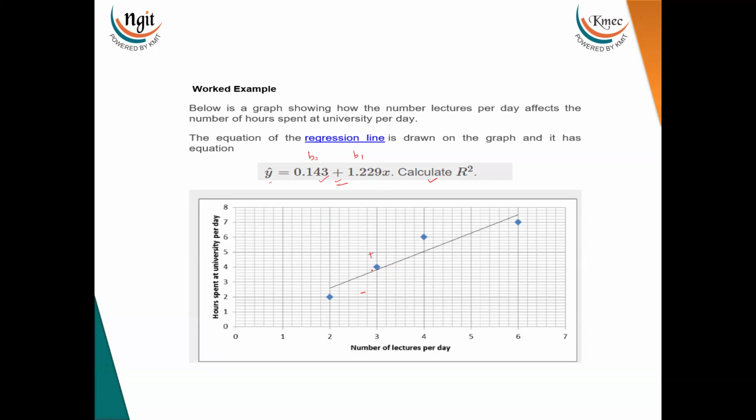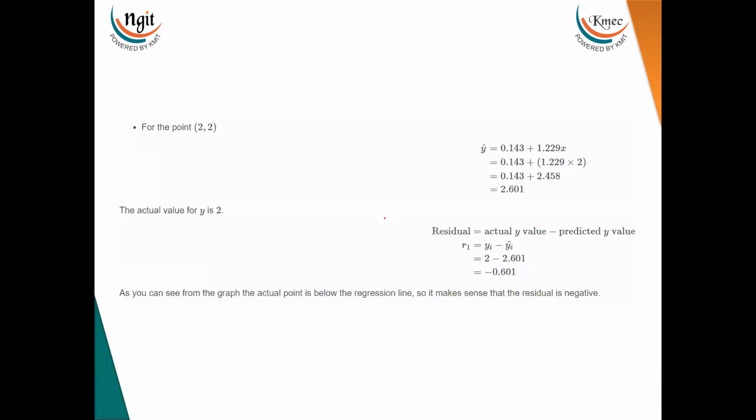Let us see, by calculating these residuals, whether this condition is satisfied, that below the line it has a negative sign and above the line it has a positive sign. So our data points are 2, 2, 3, 4, 4, 6, and 6, 7. Let us calculate for these points.